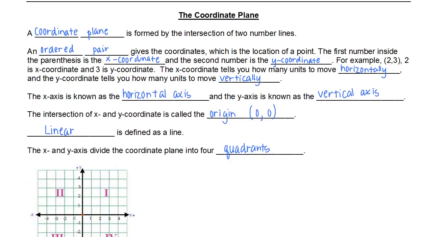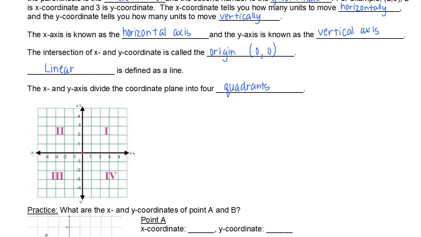And if we take a look at the coordinate plane right down below, we can see that these quadrants have been labeled starting in the top right corner with quadrant 1, and then moving in a counterclockwise direction, so quadrant 2 in the top left corner, quadrant 3 in the bottom left corner, and quadrant 4 in the bottom right corner. Notice that the quadrants are labeled using Roman numerals, and that is traditional.